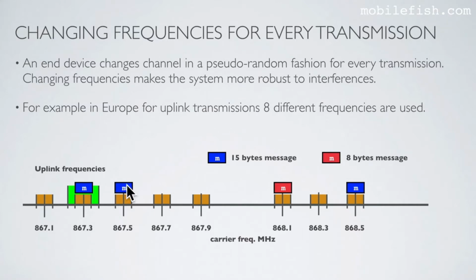For example, this message is first transmitted at this frequency. Then after, let's say 1 minute, it transmits another message at this frequency. Then again, after a minute, it transmits this message at this frequency. And then again, it transmits this message at this frequency. As you can see, after every transmission, it hops to another frequency.